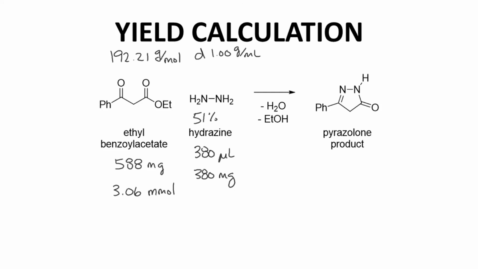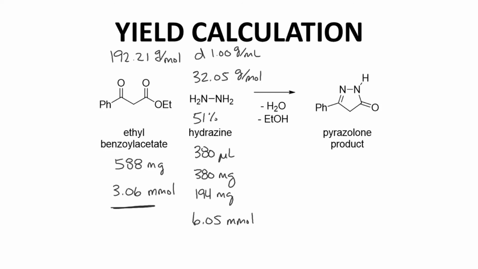So that means we added 194 milligrams of pure hydrazine. That's 51% of 380. Hydrazine has a molecular weight of 32.05 grams per mole. That is 6.05 millimoles of hydrazine. Our limiting reagent is ethyl benzoyl acetate.